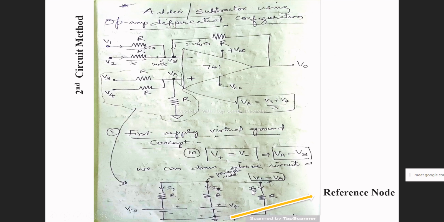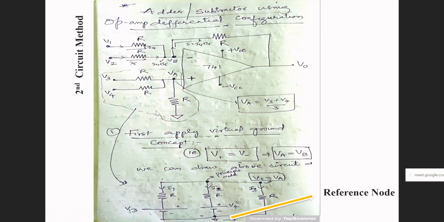We will not be connecting V1 and V3 or V2 and V4 to the inverting or non-inverting terminals. We will be connecting either V1 plus V2 or V3 plus V4 to any of the terminals. Either it can be the inverting or non-inverting terminal. So you can see my diagram here. So here V1 and V2 are connected to the inverting terminal and V3 and V4 are connected to the non-inverting terminal. So now that's why this is adding the two inputs which are connected, and it is also subtracting those two.